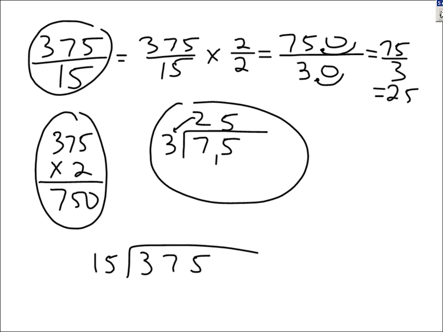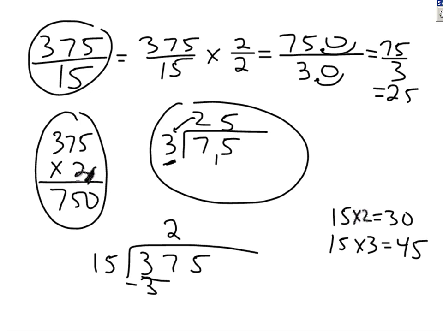a lot of students don't know the 15 table. They suffer with this. 15 times 2 is 30. That's not above 37. But 15 times 3, that's a hard problem for people. But it's more than 37. I'm just multiplying by 2 and dividing by 3. None of this 15s. Okay, it goes 2 times. You take away 30.